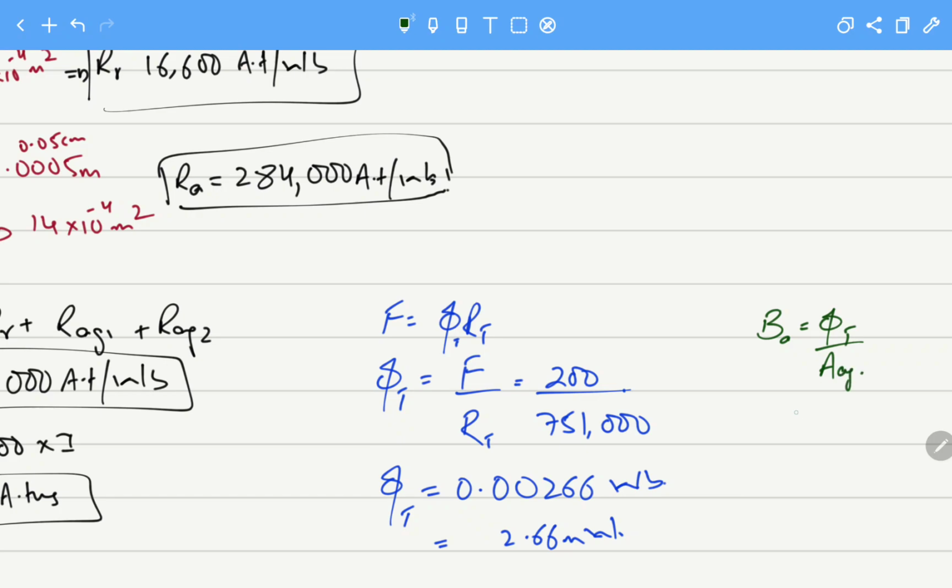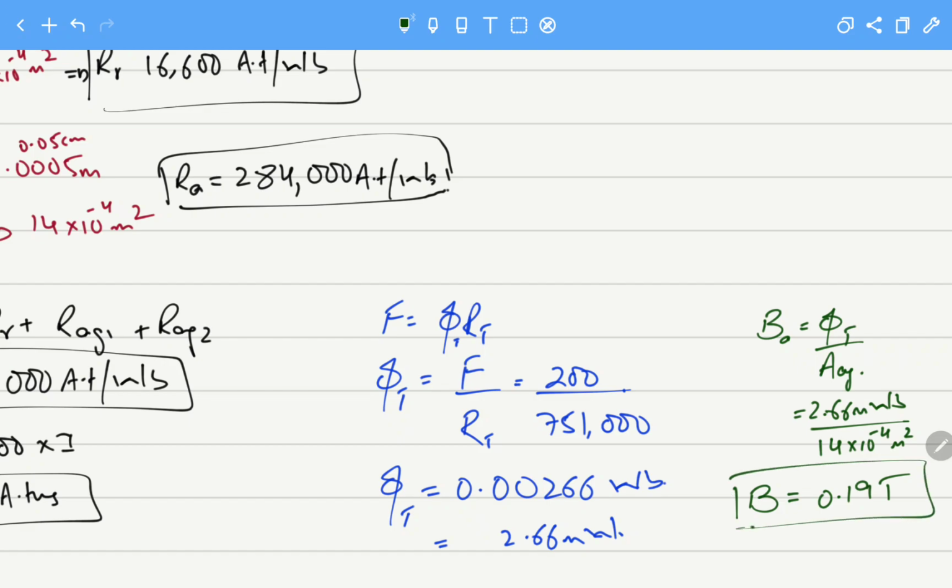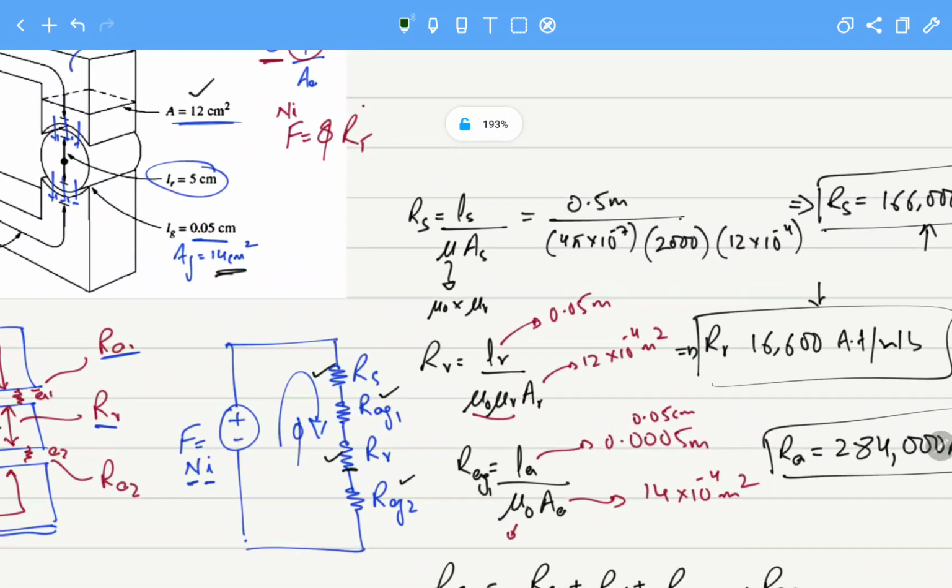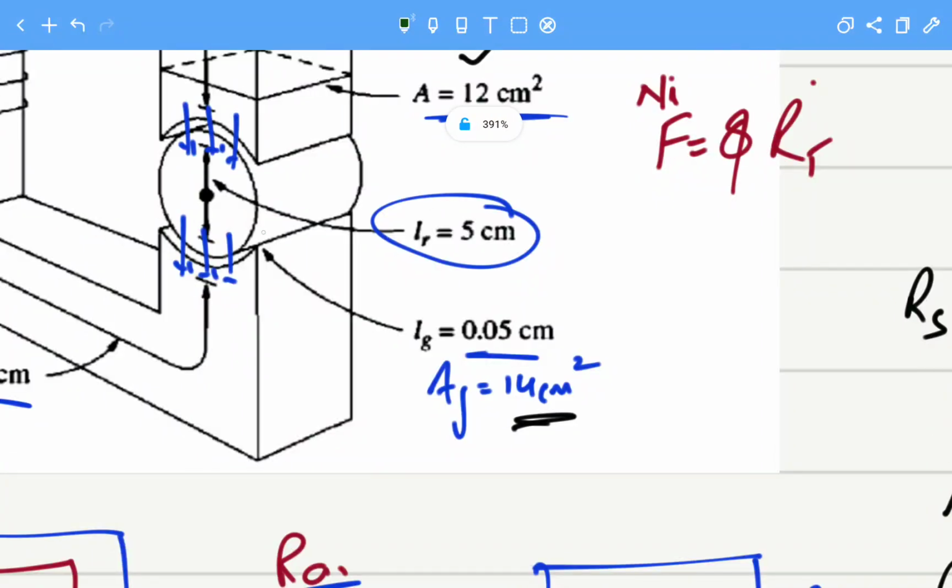The flux total is 2.66 milliweber, and the area of the air gap including the fringing was 14 into 10 raised to power minus 4 meters square. So the value of the flux density will become B equals 0.19 Tesla. This is the actual flux density that will be flowing through the air gaps for this rotor. I hope it helps. Thank you.